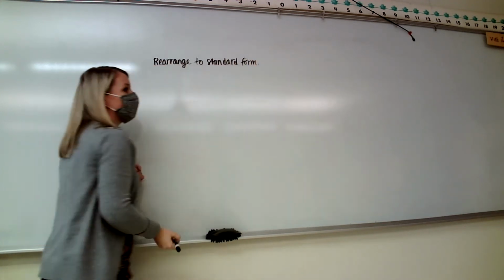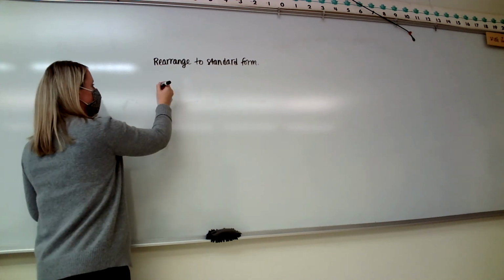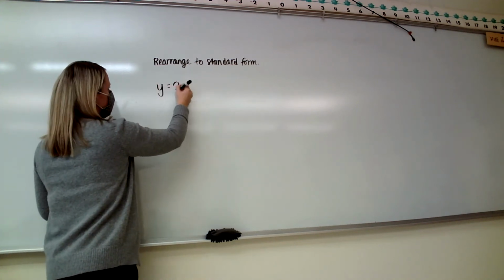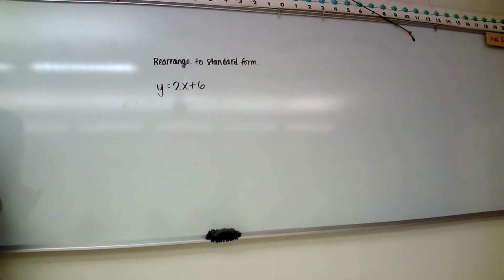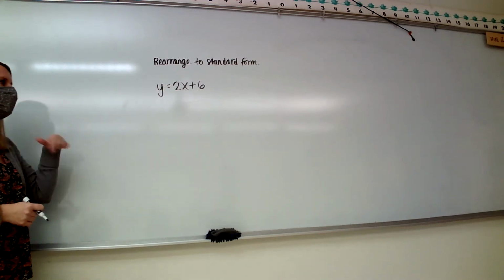You're going to start with another form. So here we're starting with slope-intercept. And then we're going to rearrange it to standard. The reason we're going to start with other forms a lot is because we can plug into those other forms. We can plug in things like slopes and points. But then if we need it in standard form, we would just kind of move things around.